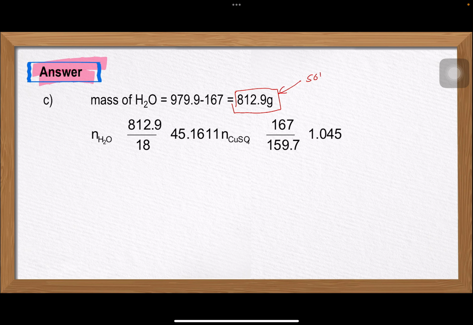In the solution you have solute and solvent. So how much solvent? We can identify the mole of H2O equal to 45.1611, and mole of copper sulfate is 1.045 mole.